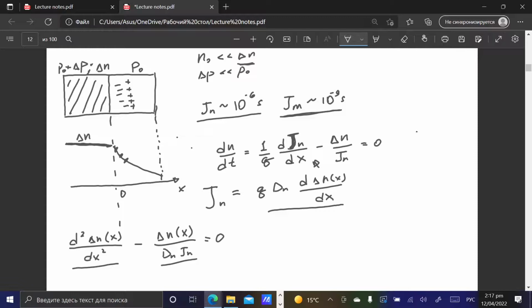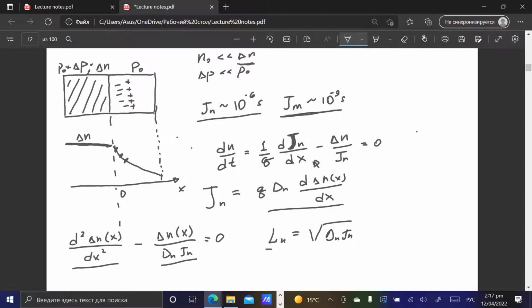Now we can introduce one new parameter, Ln. This is called the diffusion length of minority charge carriers, the parameter I told you about, along which the quasi-Fermi level is still different from the equilibrium Fermi level, so along which we still have this excitation condition because of injection of minority charge carriers. It is the diffusion coefficient of electrons times the recombination lifetime of electrons, under the square root.